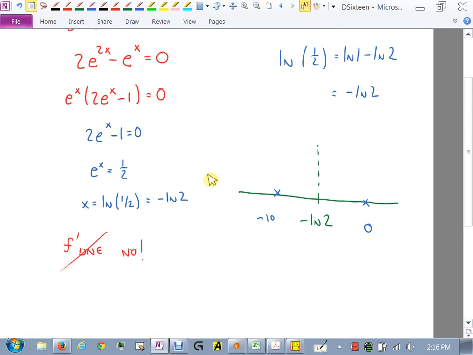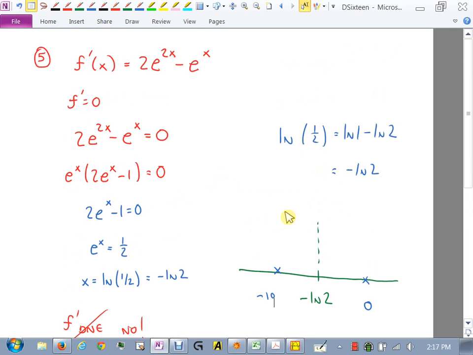Did you already figure this out? What's it doing? e to the 0. I'll do 0 first. 0, 2 minus 1, positive. Going up. The function's going up over here, right? And the other side's going down? Are you sure?